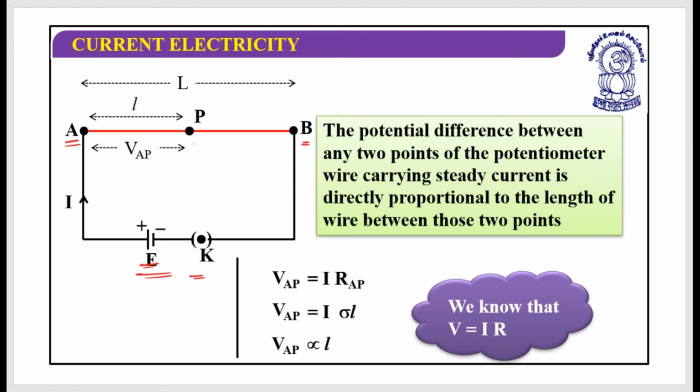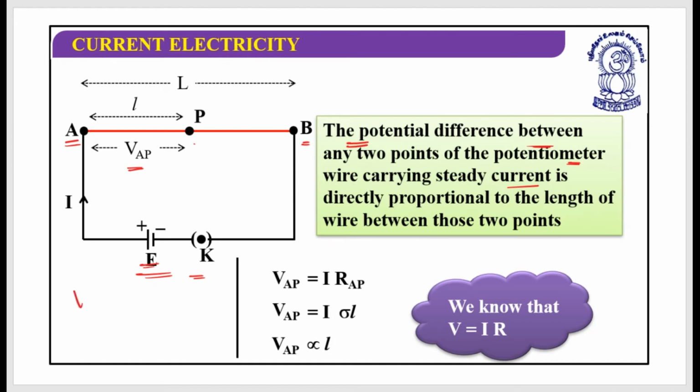The point P has been chosen, and the potential difference between points A and P is represented as VAP. So the potential difference between any 2 points of the potentiometer wire carrying steady current is directly proportional to the length of the wire between these 2 points.